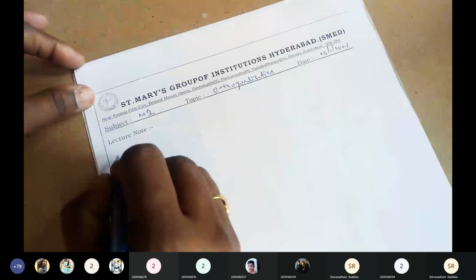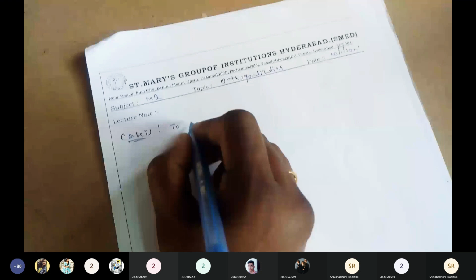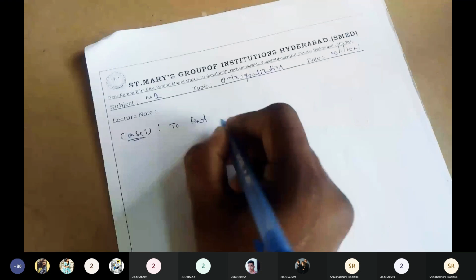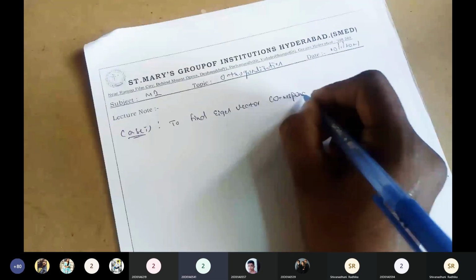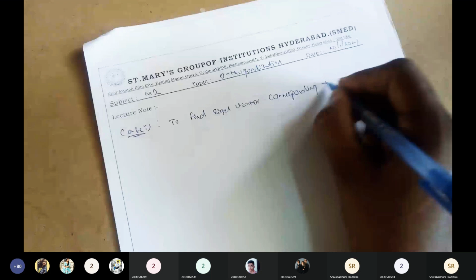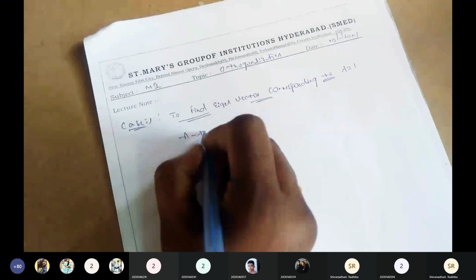What is case 1 right now? To find the eigenvector corresponding to, what is the first one? Lambda equals 1. Very good. Then the matrix notation: (A minus lambda I) x equals 0.